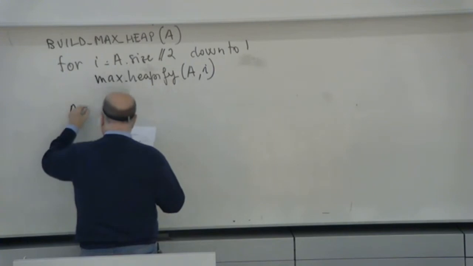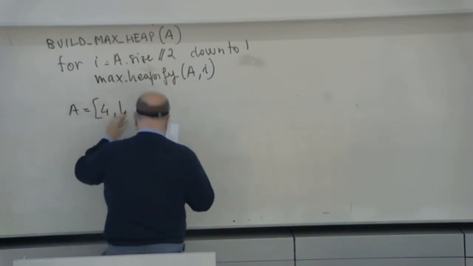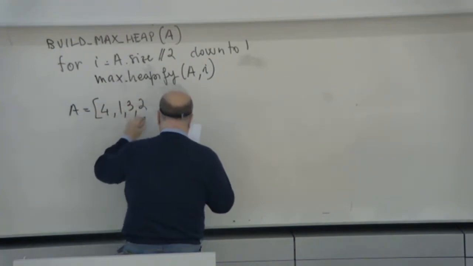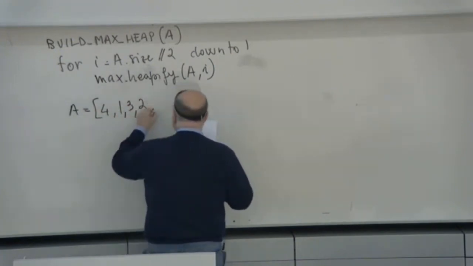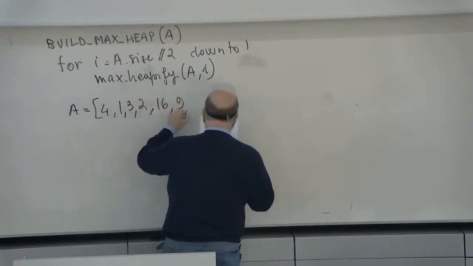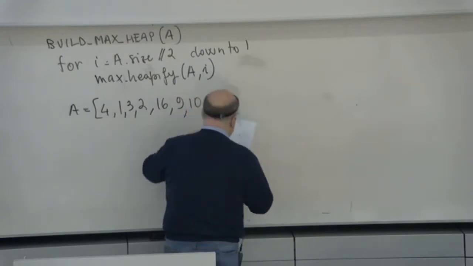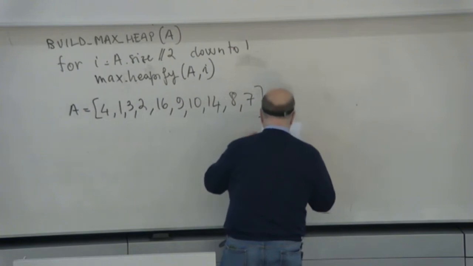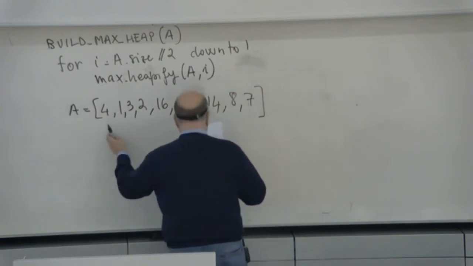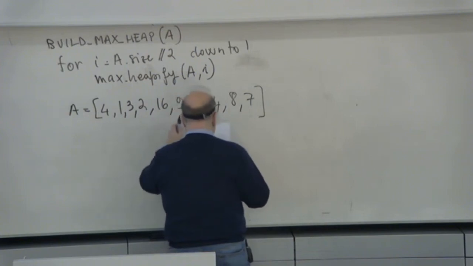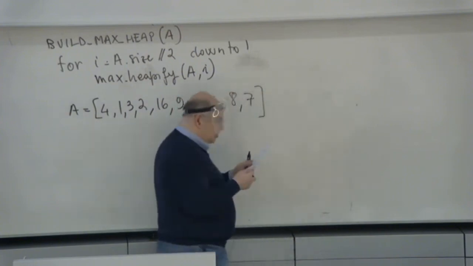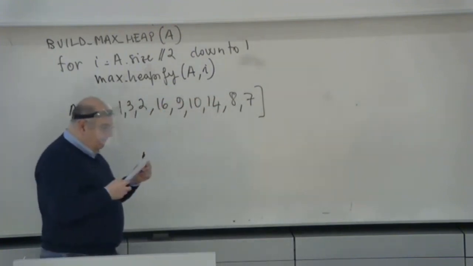So the array A is 4, 1, 3, 2, 16, 9, 10, 14, 8, 7, with indices 3, 4, 5, 6, 7, 8, 9, 10. Again: 4, 1, 3, 2, 16, 9, 10, 14, 8, 7. This is an example taken from the book.